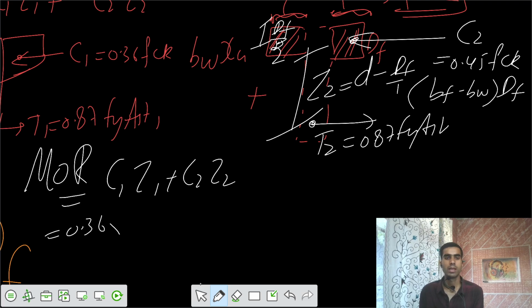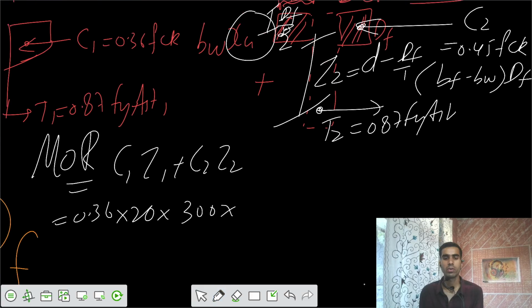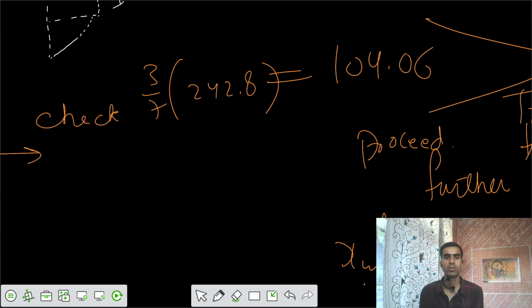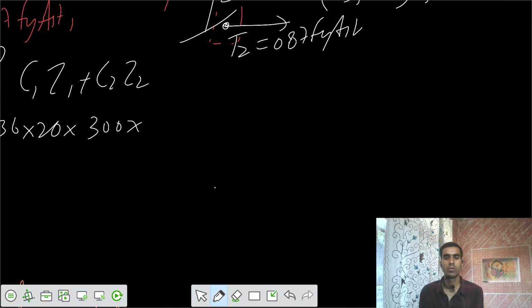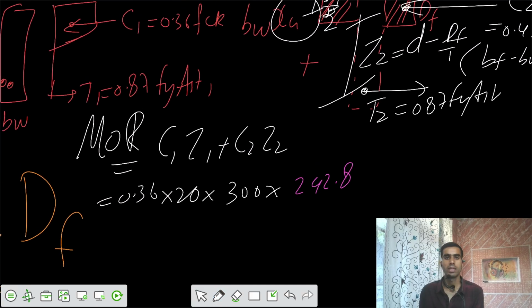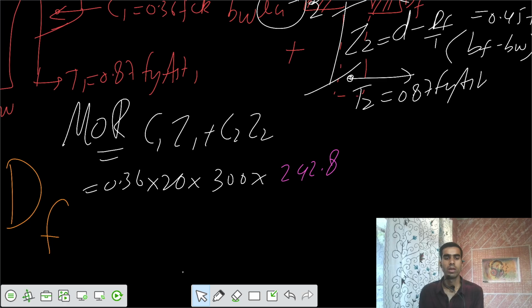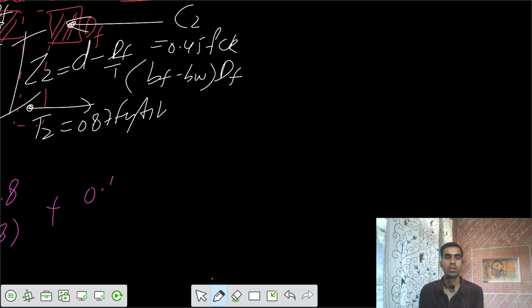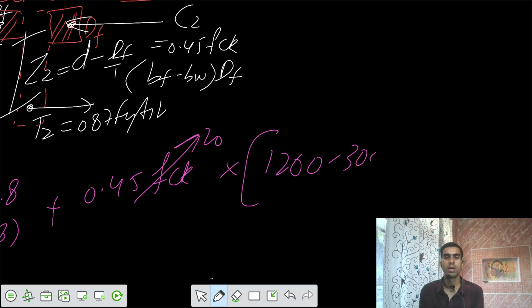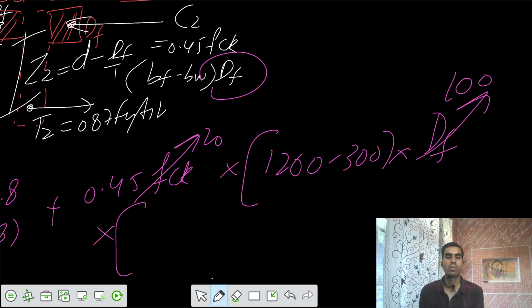So 0.36 FCK into BW into XU actual, where the actual XU we got is 242.8, and D minus 0.42 XU, plus C2Z2: 0.45 FCK, BF minus BW, with DF of 100, and the lever arm of 560 minus DF by 2.